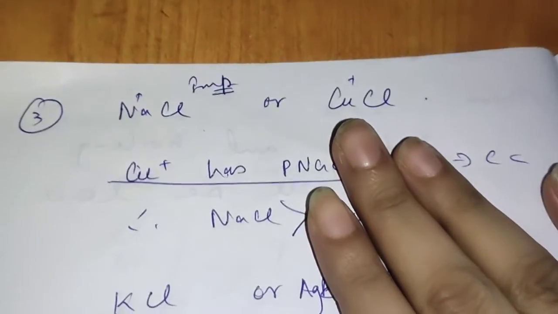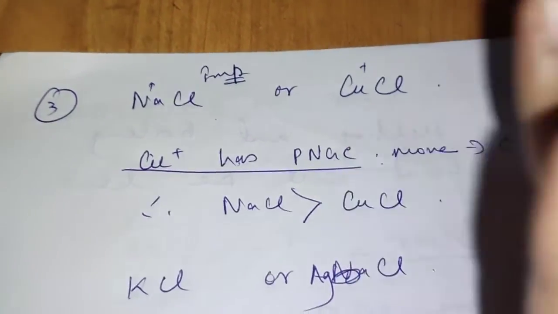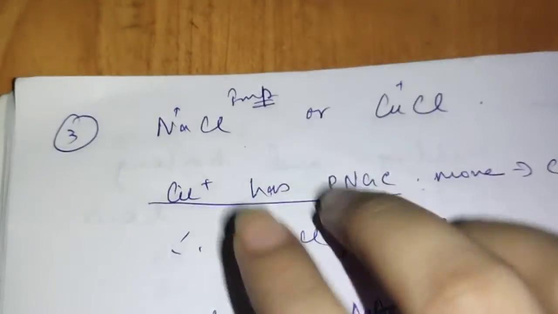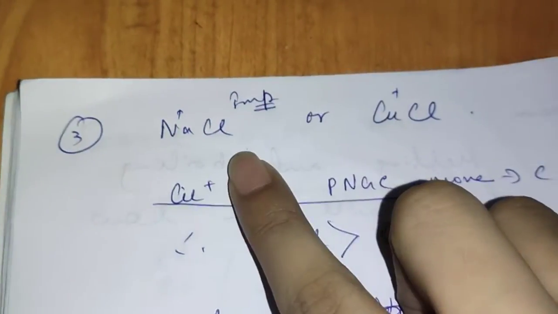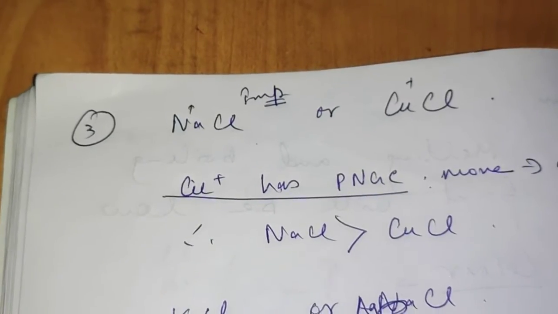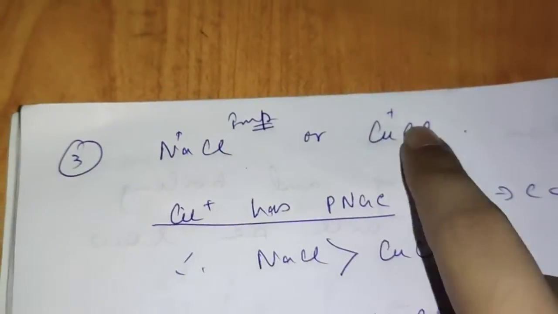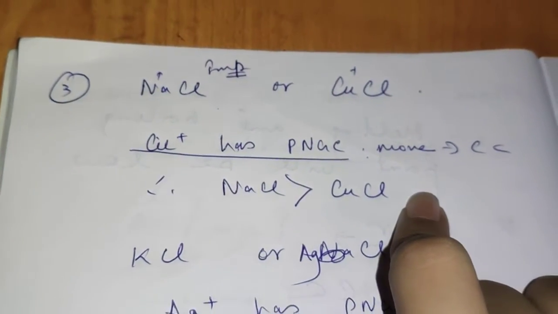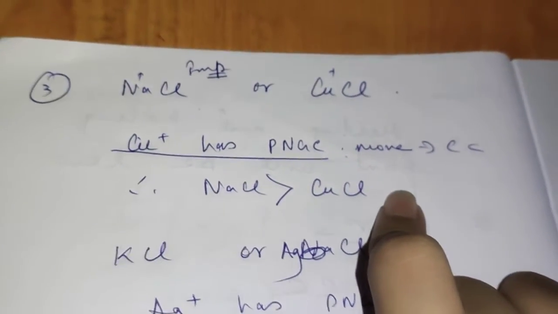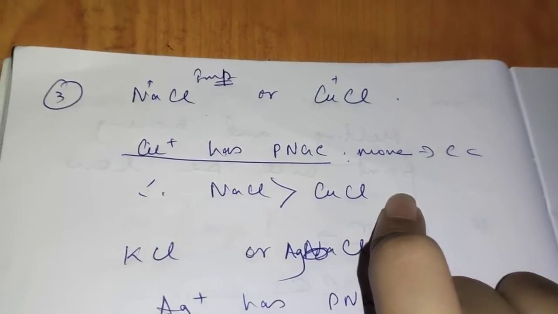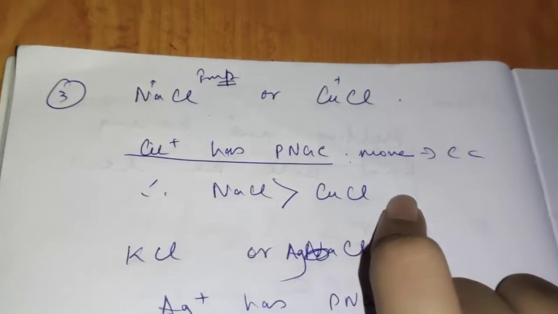Okay, this is a very important question, and it has also come in one of the entrance exams. Which one will have higher melting point? Sodium chloride or copper chloride? Now, I already explained to you, Cu plus has got that pseudo noble gas configuration, and the elements which have got pseudo noble gas configuration, without a doubt they will have more covalent character.